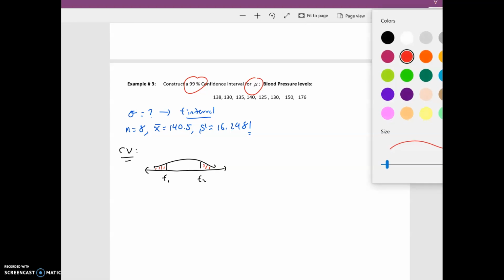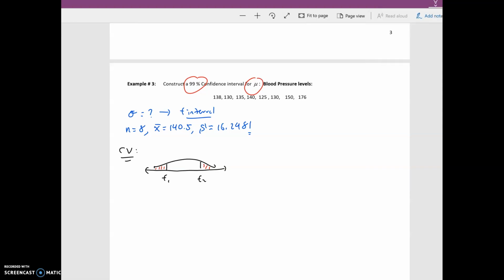And the information that we're given is that C is 0.99. So if C is equal to 0.99, alpha is equal to 0.01, and alpha divided by 2 is equal to 0.005. So each of these tails contains 0.005 in terms of area.